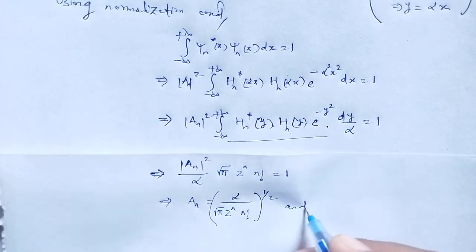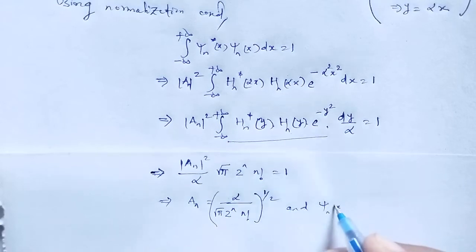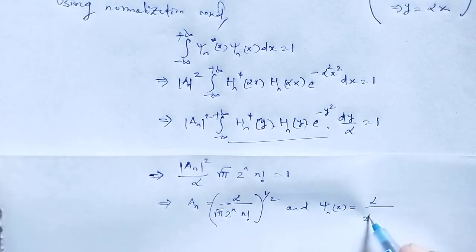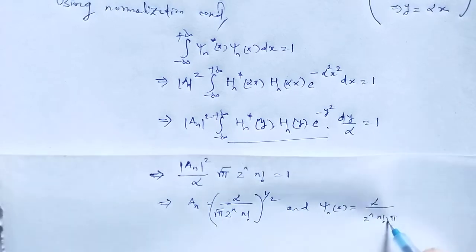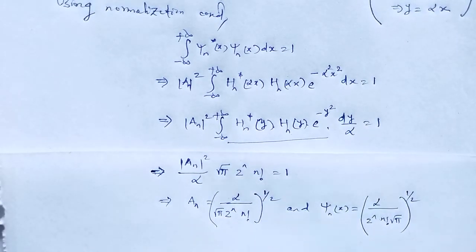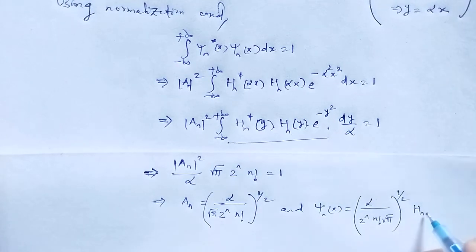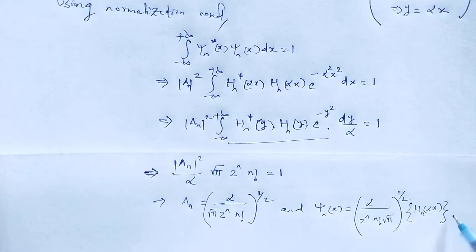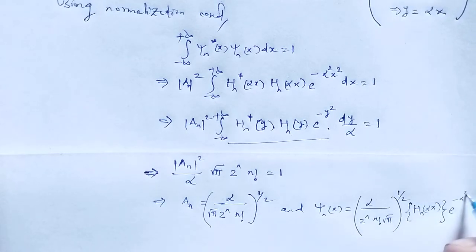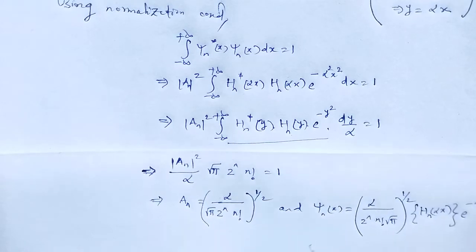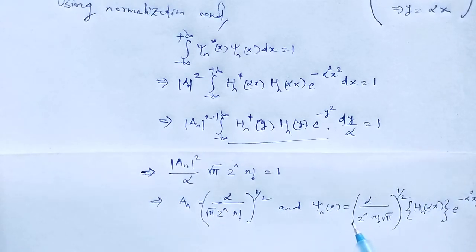And the wave function psi_n of x is equal to (alpha divided by 2 to the power n factorial root pi) to the power half into H_n of alpha x e to the power minus alpha square x square divided by 2. This is A_n and this is psi of x.